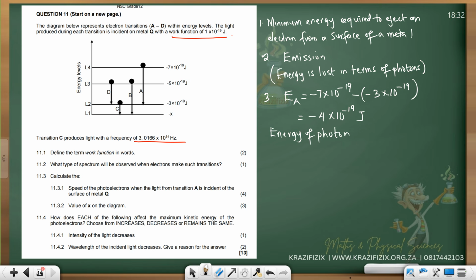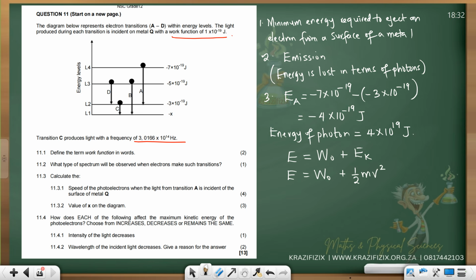So we are losing 4 times 10 to the power negative 19 joules, but the energy of the photon is 4 times 10 to the power negative 19 joules. It's a scalar quantity. What are we looking for? We're looking for V. What formula should I use? E equals work function plus kinetic energy. Because I'm looking for V, I'm going to break that down.